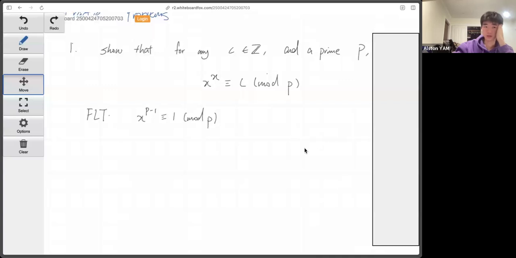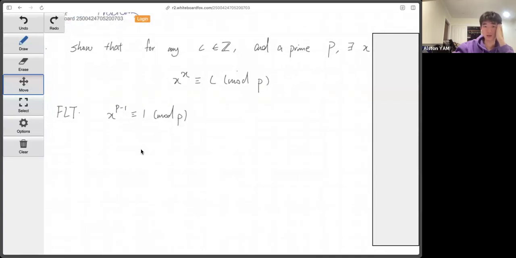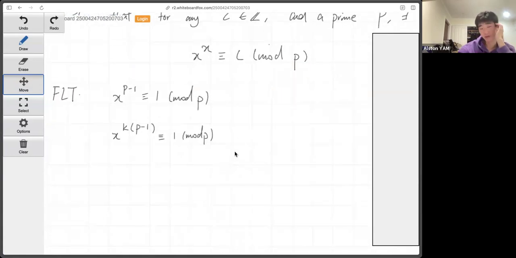And that is very useful, right? If we think back to the lesson about orders, that is one of the very useful results that we use there as well. So we can actually see that x to the power of k times p minus 1 will always be congruent to 1 mod p. Okay, so that will always be congruent to 1 mod p.